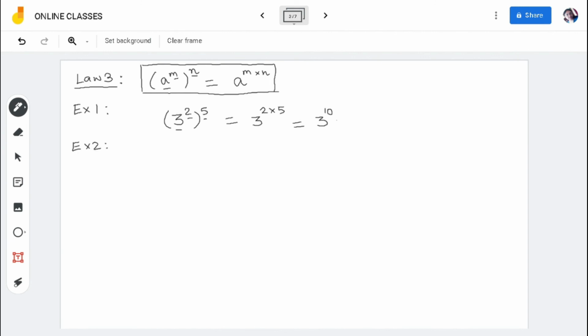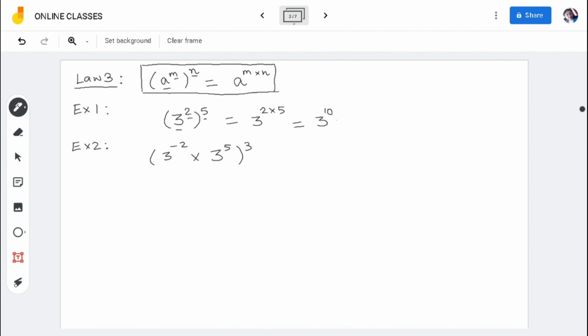Example number 2, if I am taking 3 to the power minus 2 into 3 to the power 5 whole to the power 3. If the question is something like that, you see that inside the bracket we can use the first law.